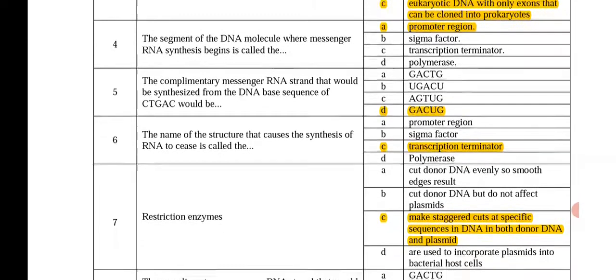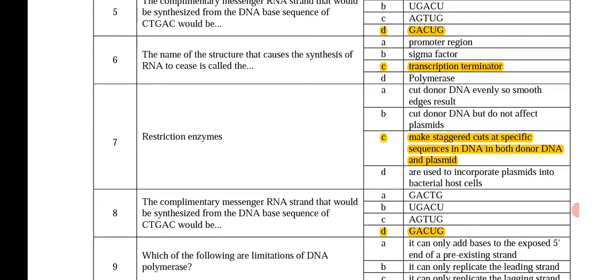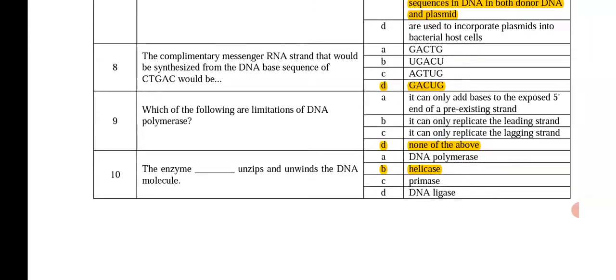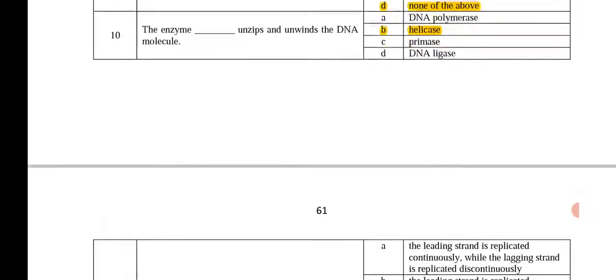Restriction enzymes make staggered cuts at specific sequences in DNA in both donor DNA and plasmid. Which of the following are limitations of DNA polymerase? None of the above. The enzyme helicase unzips and unwinds the DNA molecule.